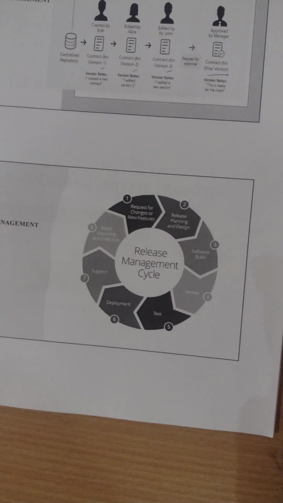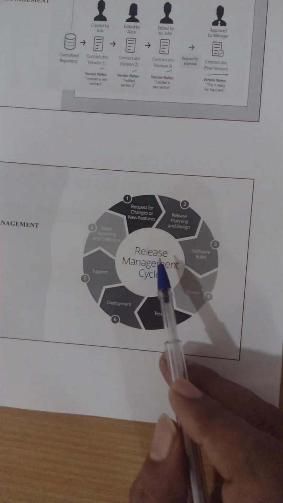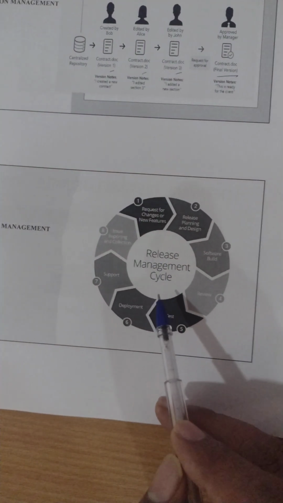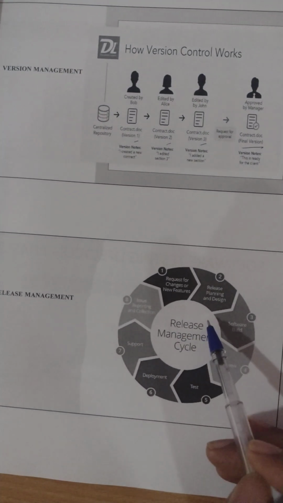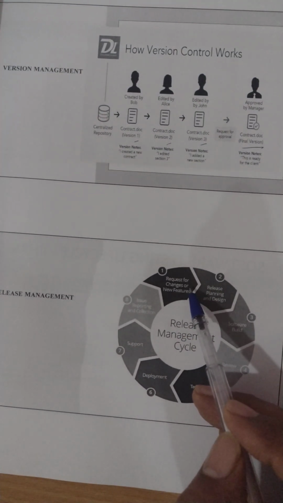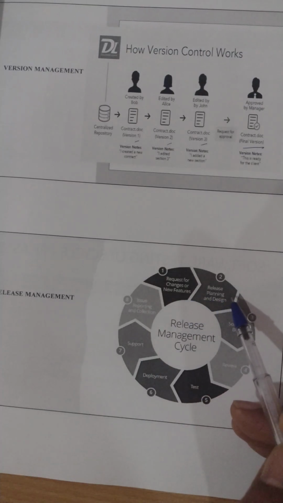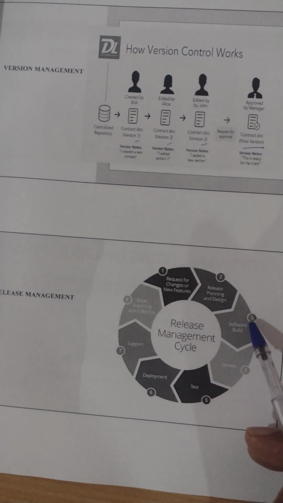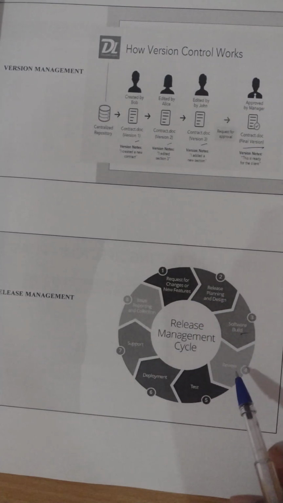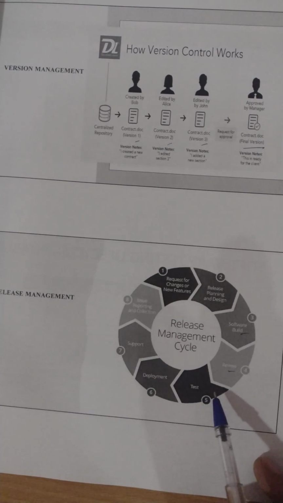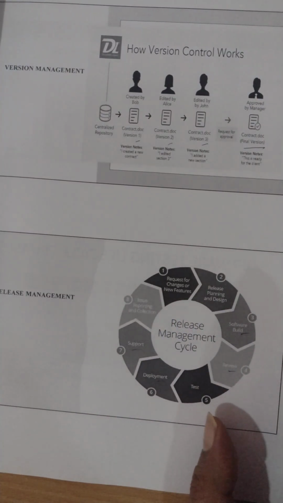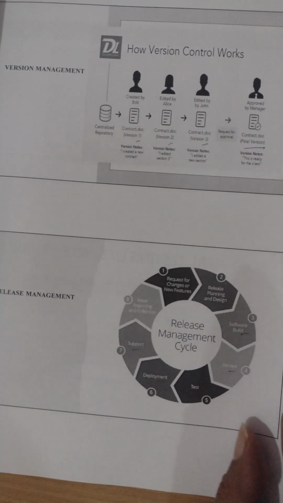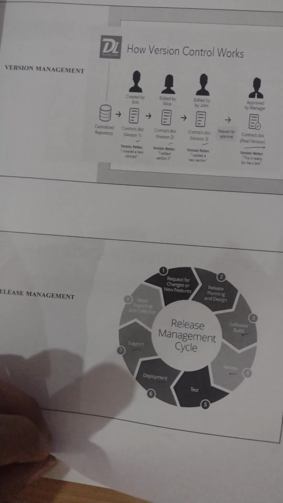Along with configuration management, we have the system for release management also. In the release management cycle, we have a request for change or new feature, then we have release planning and design, we have software build, we conduct review, we test it, we deploy it, we support, and if there are some issues, issue reporting and management also has to be done.